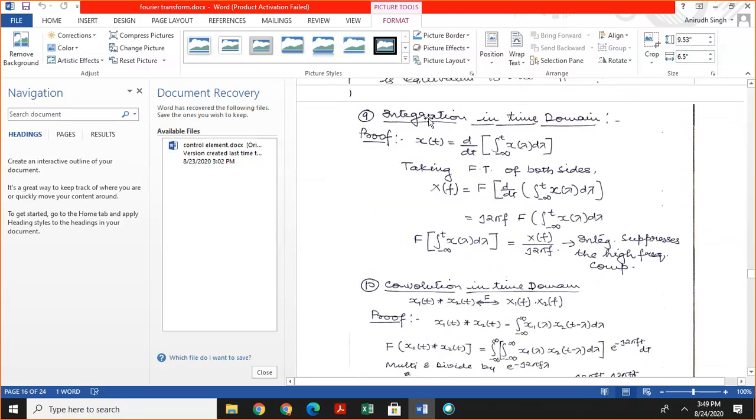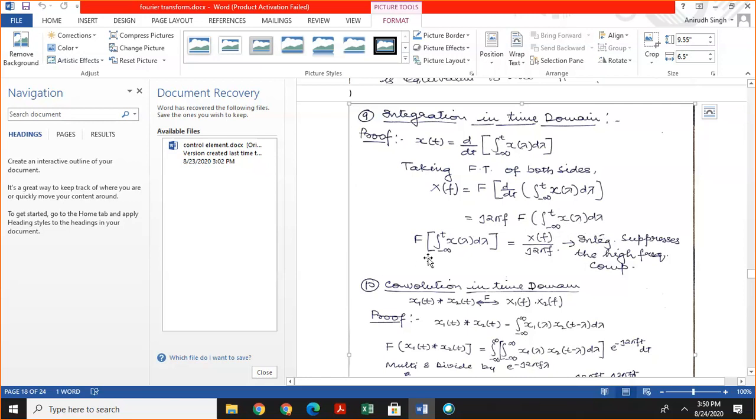Integration in time domain. x of t is given by the integration of x of lambda d lambda. Taking the Fourier transform of both sides, the Fourier transform of x of t is X of f, and the Fourier transform of differentiation is j 2 pi f multiplied by the Fourier transform of the integration from minus infinity to t of x of lambda d lambda.